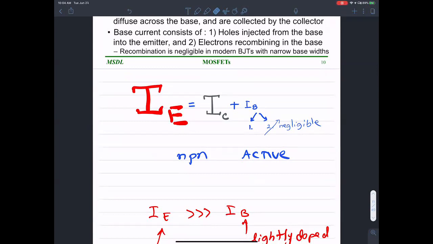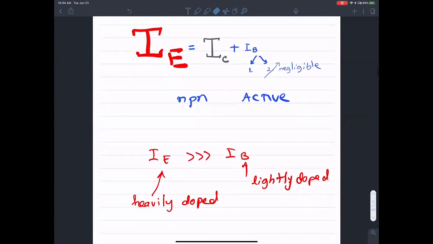Now the relationship between IC and IB is given by beta. That's the current gain in the active region. How much input current is going into the base, and as a result, what is the resultant collector current?